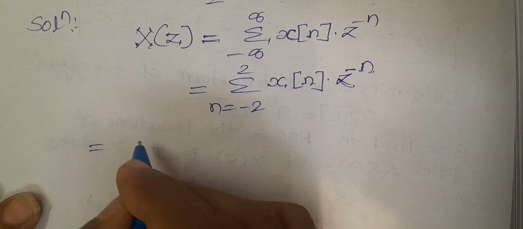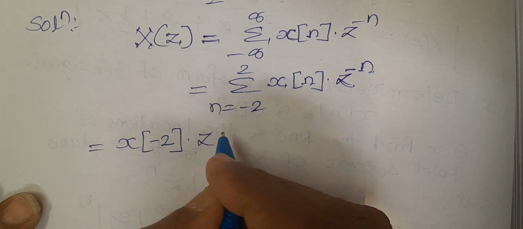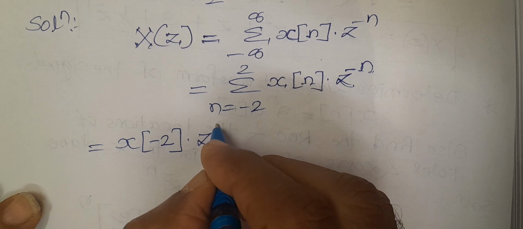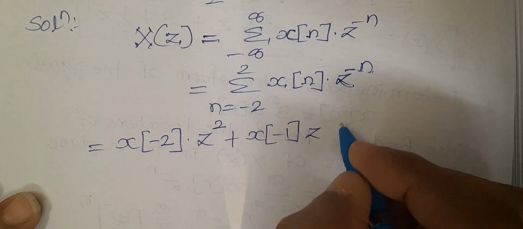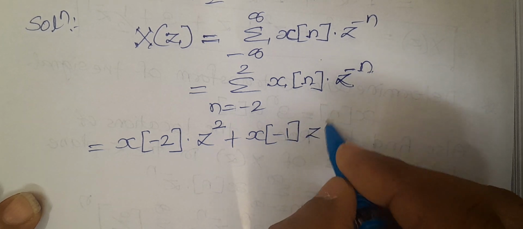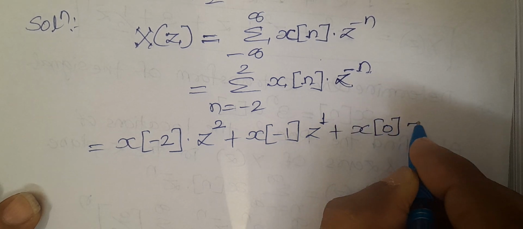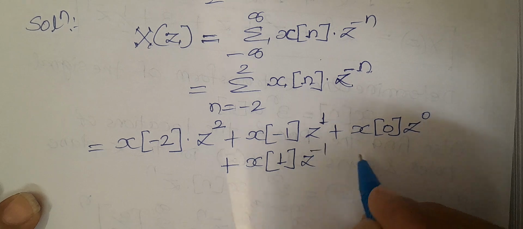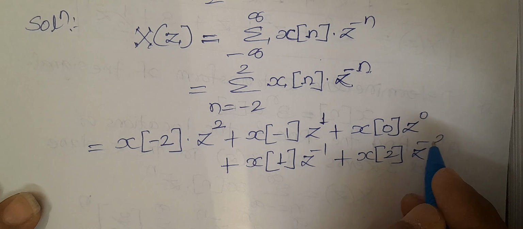So x of minus 2 into z raised to power minus 2, and the minus sign is already there, so it is plus 2, plus x of minus 1 into z raised to power 1, plus x of 0 into z raised to power 0 plus x of 1 into z raised to power minus 1 plus x of 2 into z raised to power minus 2.